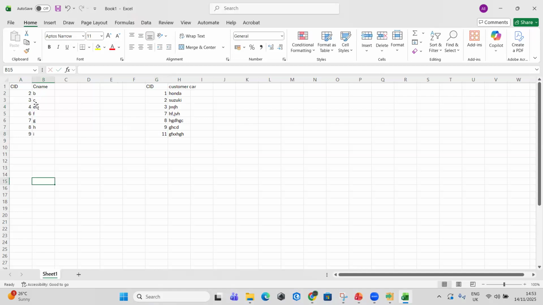So there are some IDs. For example, in this one you don't have four, but here you have four. In this one you have one missing, but in this one you have one, right? So if you call this a left table and you call this a right table.